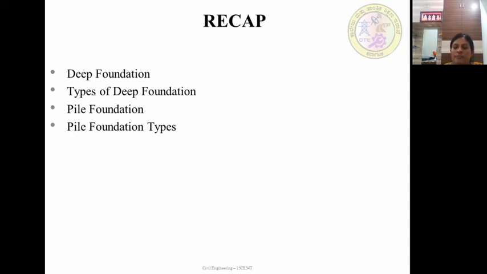Screw piles consist of a hollow cast iron or steel cylinder with one or more blades at the bottom, and the blades are generally made of cast iron.